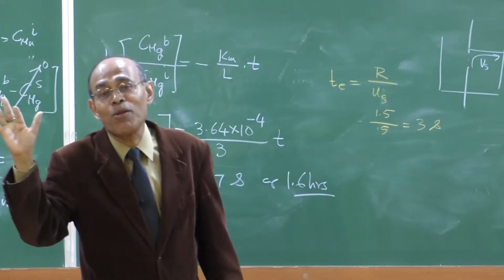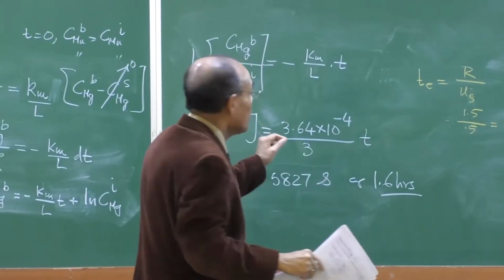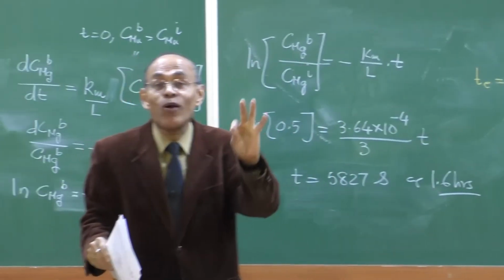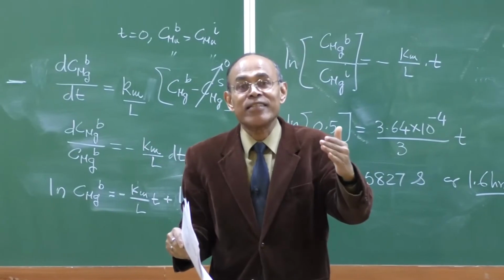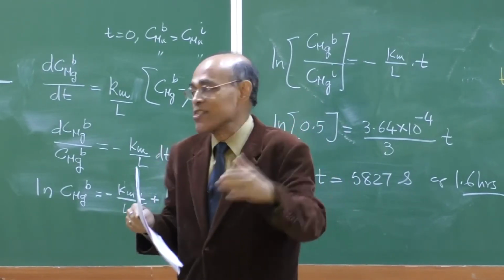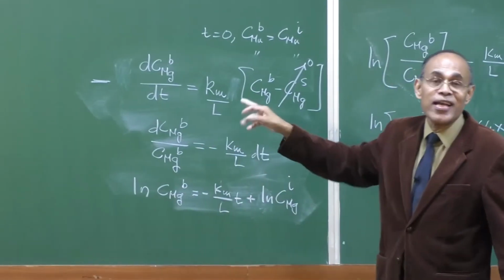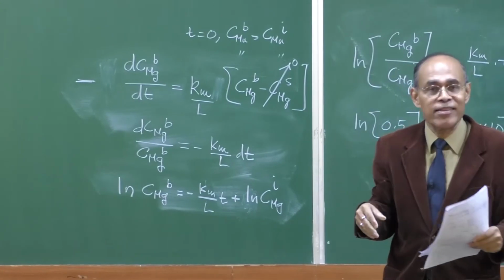All these kinds of problems you should be able to solve, and as I said, the crux of the problem is to calculate the exposure time. Having calculated the exposure time, calculate the mass transfer coefficient, and once you have established the mass transfer coefficient, establish the governing mass balance equation, and then plug in the values to get the answers.